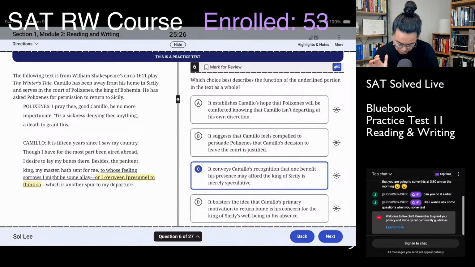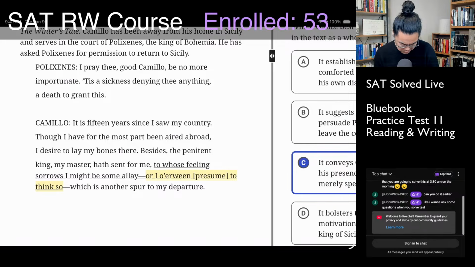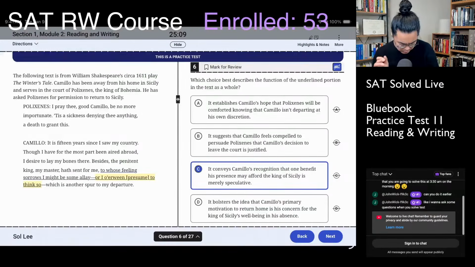But B feels wrong, because if Camillo feels compelled to persuade, policy justified. I mean, that's just the sort of general implication of the entire. Oh, dude, it has to be C, but it's sloppy.